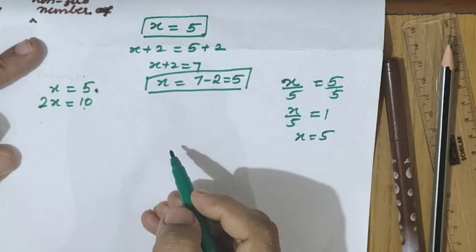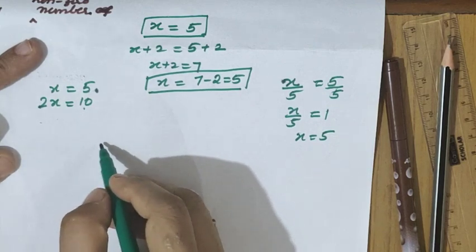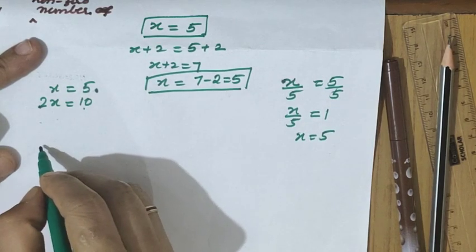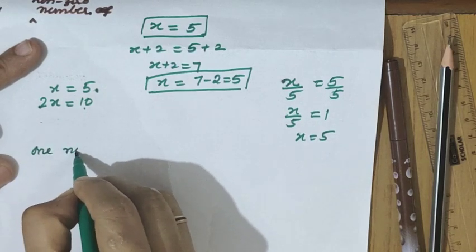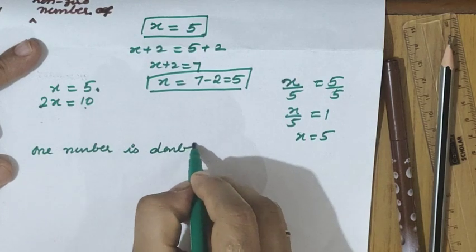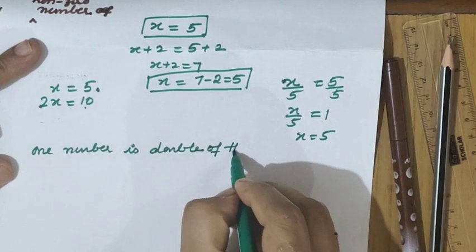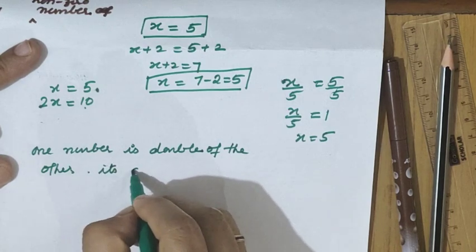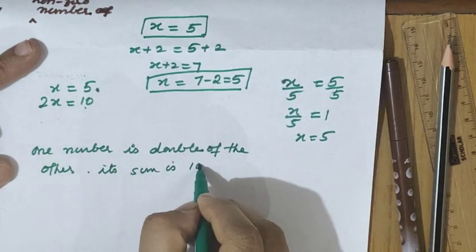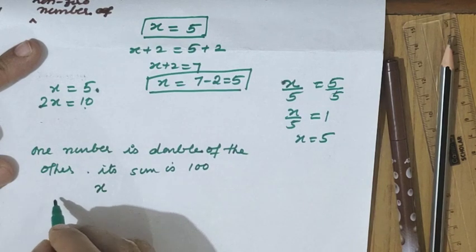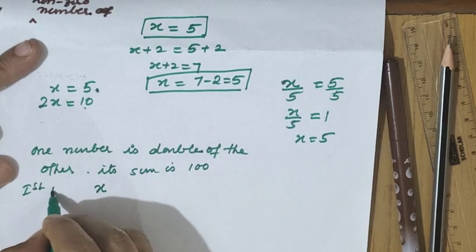So another example I can say: let there are two numbers, one number is double of the other. Its sum is 100. So how will you represent? Let the first number equal to x.